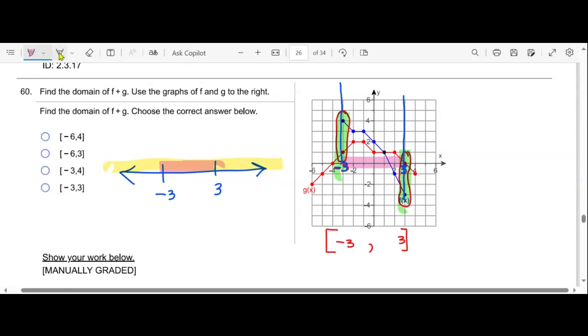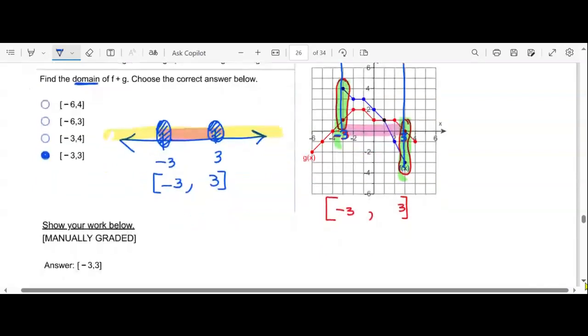It's in here, right? In this area? And it's closed, right? Yes. So what is your domain? It's where they intersect, which is how much? 3 and -3. Closed or open? Closed. So which one is the answer? Clear? If you understand, raise your hand.